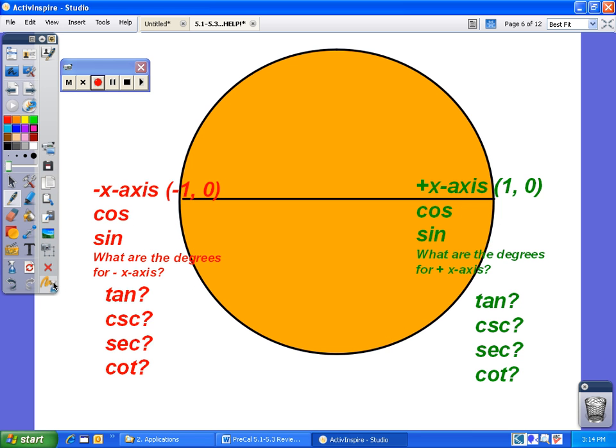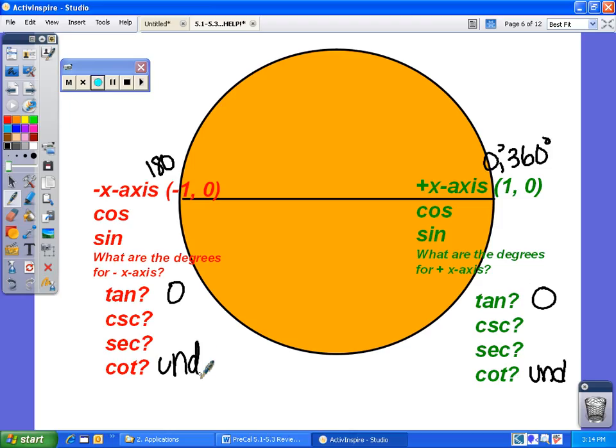Alright, next we have the axes, the positive x-axis and the negative x-axis. On the negative x-axis side, it's 180. And on this side, it's 0 and 360. Here, tangent is going to be 0, but cotangent will be undefined. Same thing here.